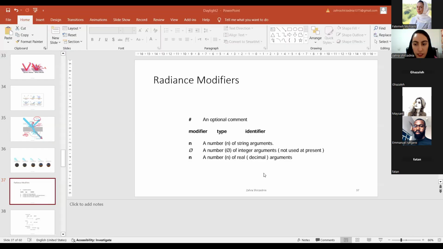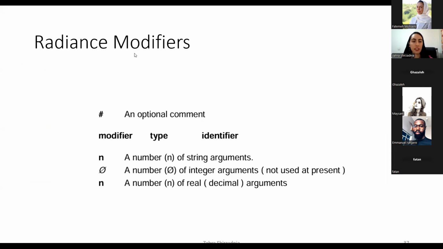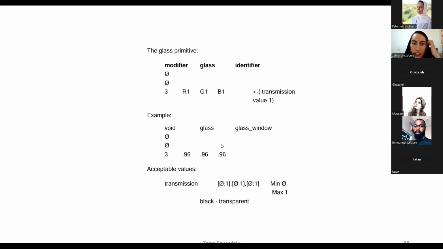Actually, as you see in the picture, this is a radiance modifier. We have modifier type and identifier, and for glass, we have the modifier of the glass, and we have 3 objects, for example, red, green, blue, and this is related to transmission, and it should be lower than 1. And for glass window, it is 0.96.